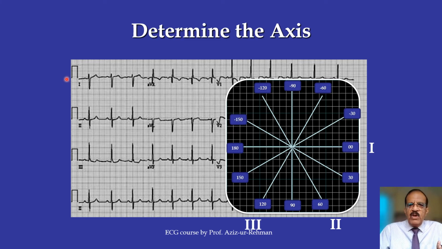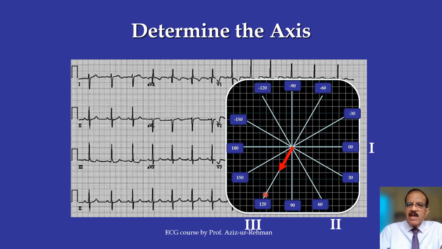So this time we take a different approach. We find the bigger deflections. Whichever one is deepest or tallest? Okay. So lead 1, 2, 3, AVR, AVL, AVF. I think 3 is fairly tall. So we select this limb lead 3 and we draw an arrow.